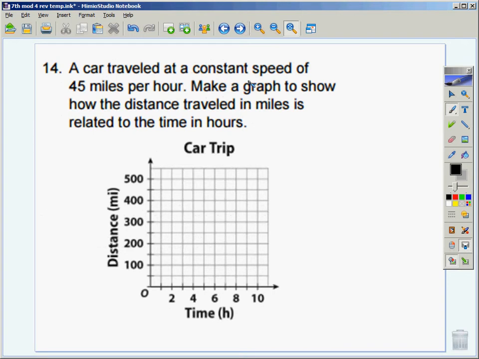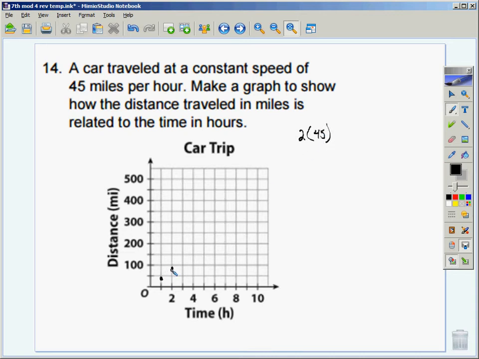A car traveled at a constant speed of 45 miles per hour. Make a graph to show how the distance traveled in miles is related to the time in hours. So, if I go to 1 hour, 45 miles would be just less than 50. 2 hours, 2 times 45 would be 90.